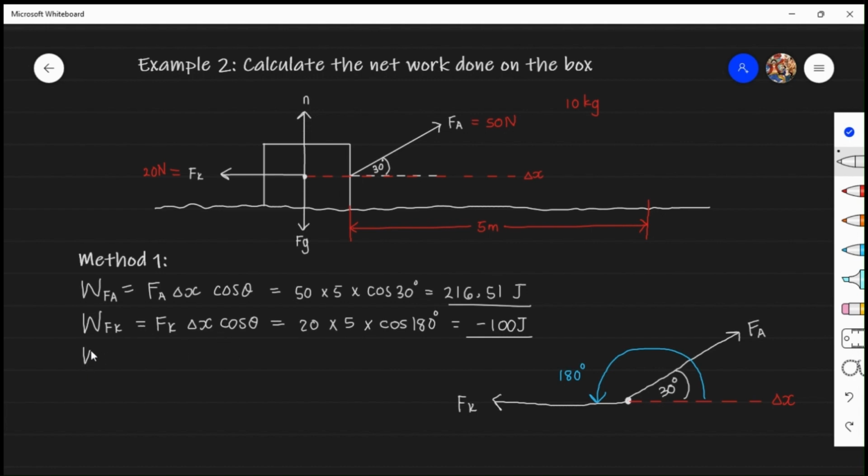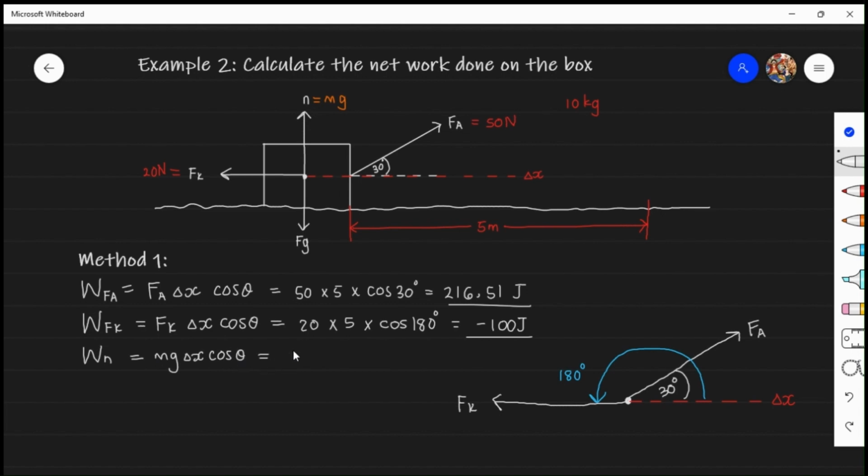Next, let's calculate the work done by normal force. And we know that normal force is equal to our gravitational force, or Fg, and that is equal to the mass times gravitational acceleration. So that is mg times displacement times cos of theta.